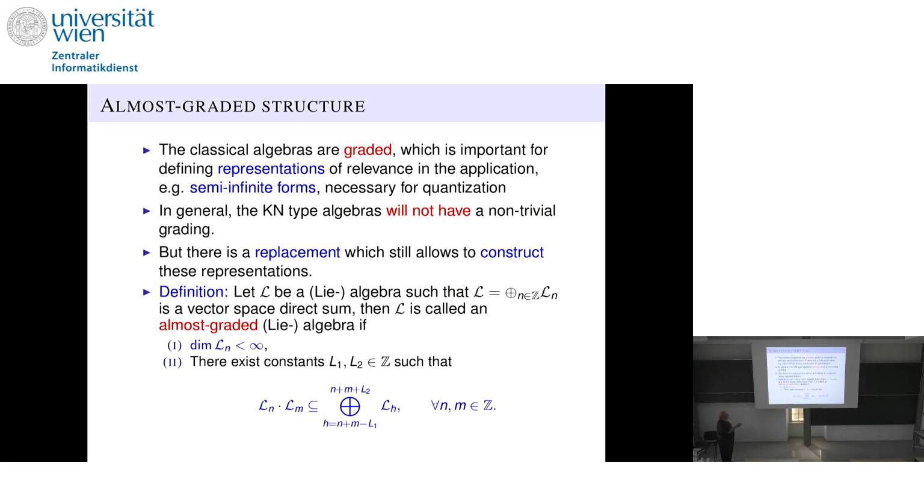And we call it almost graded if the individual dimensions are finite. And you see, if it were an honest grading, I would have L_m L_n going to L_{n+m}, okay? In the almost grading, there are constants, independent of n and m, universal constants.